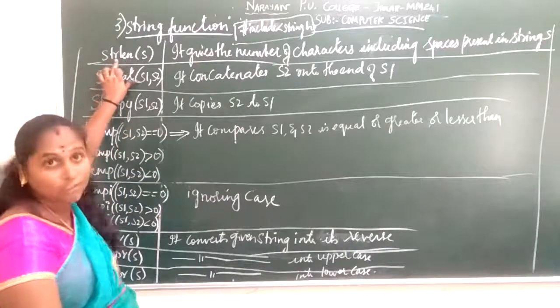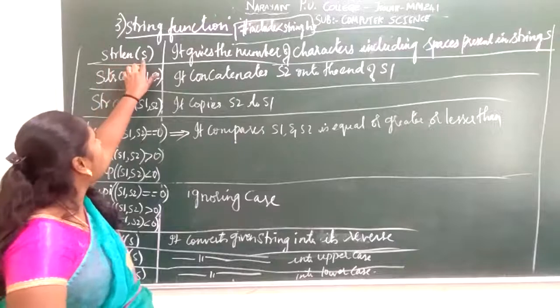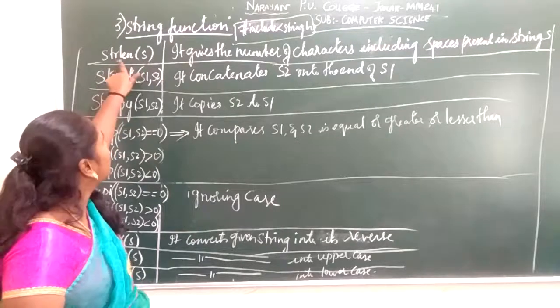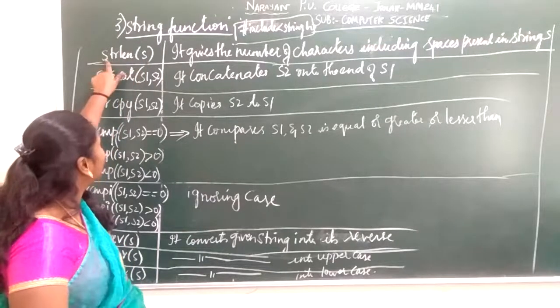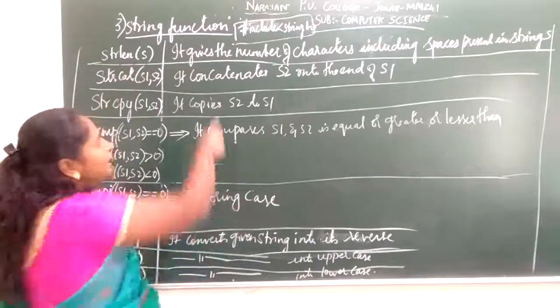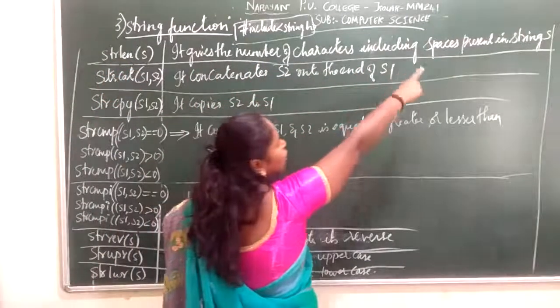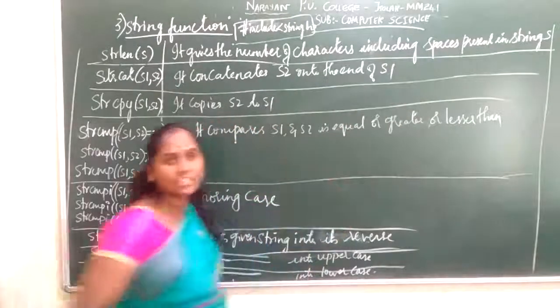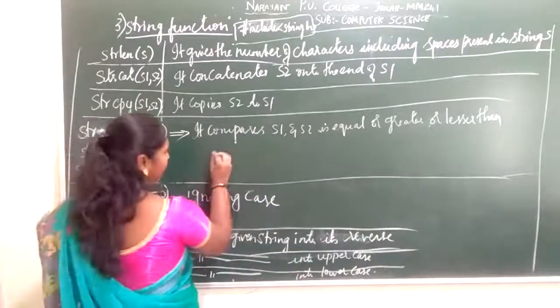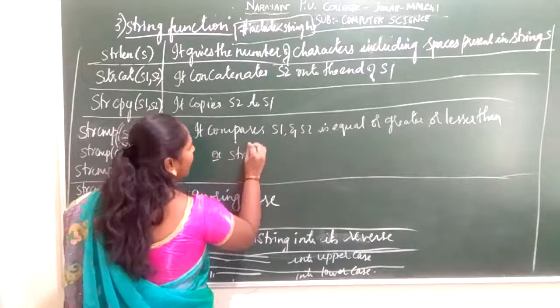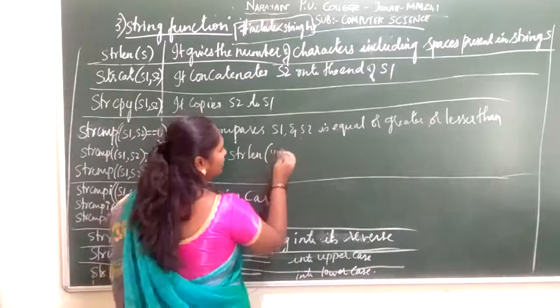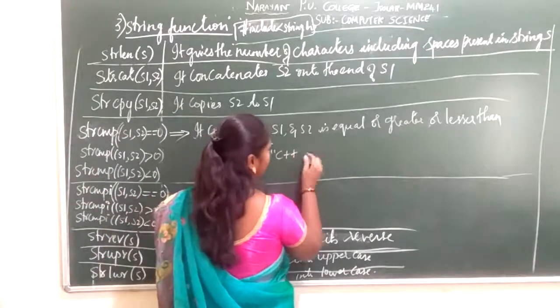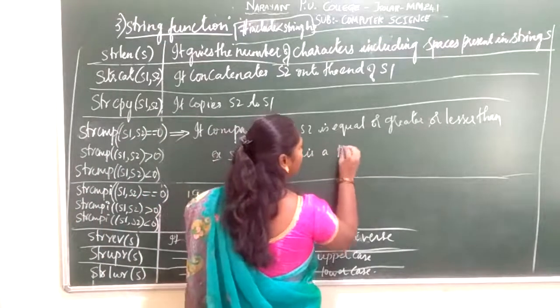The str stands for string, length of s, whatever given string. So what is this strlen that we call the string length? It gives the number of characters, including the spaces, present in a string. Suppose I take an example, strlen of "C++ is a program".